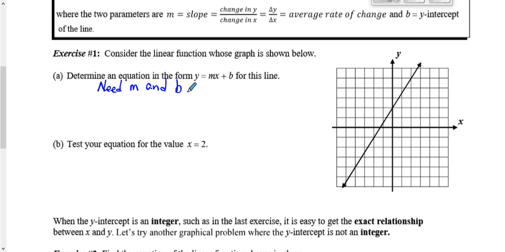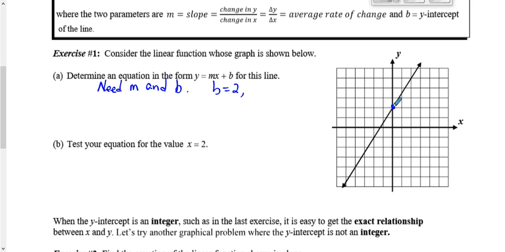So let's take a look at, well, b is pretty easy, right? So that's 2. So b equals 2. And what does the m equal? So let's start here. You want to start somewhere where it hits a vertex perfectly, right?